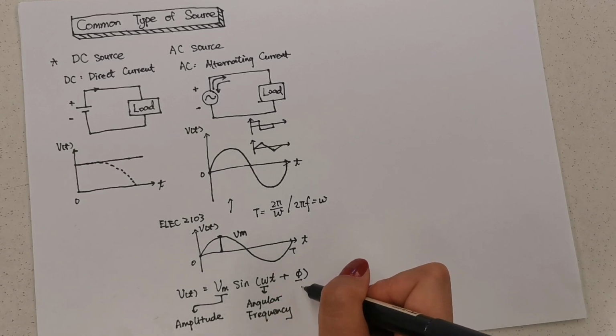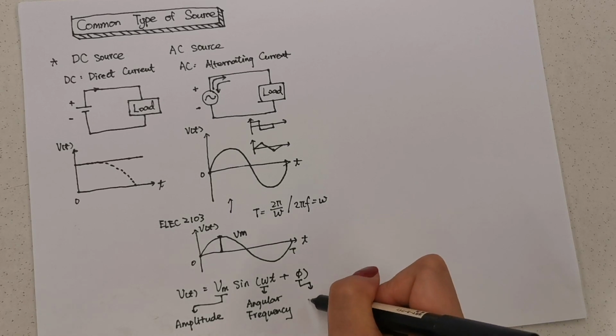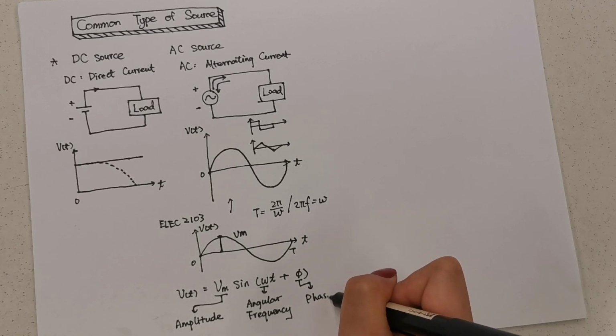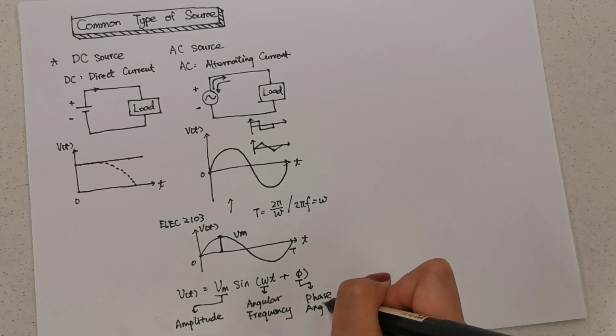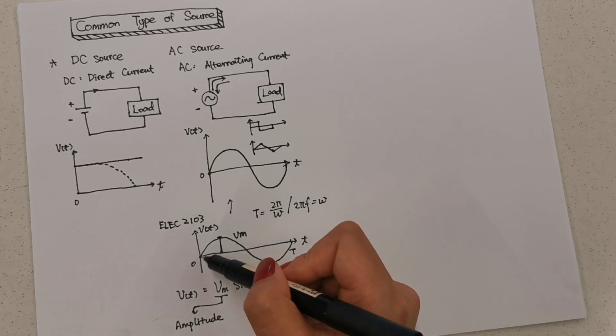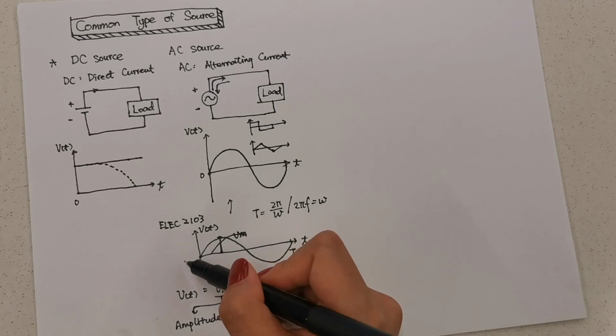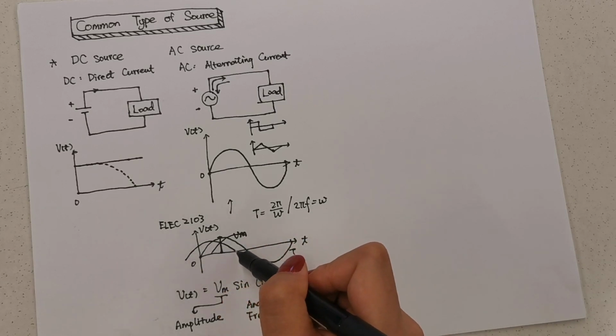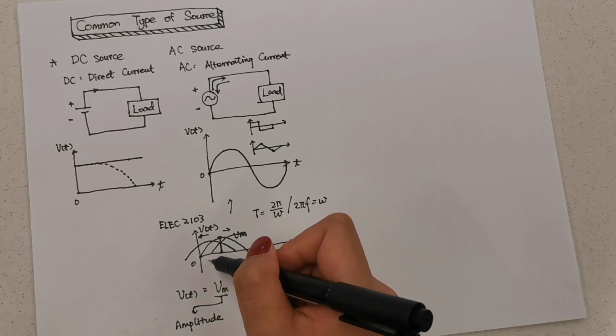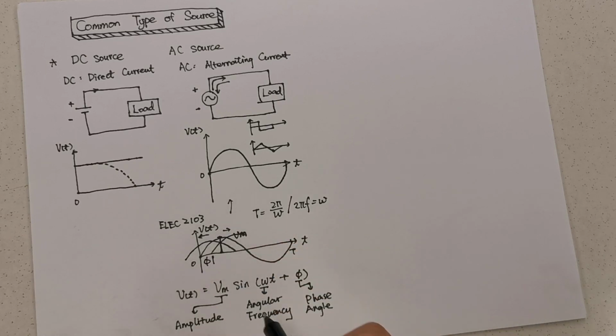And this phi is the phase angle. Our output voltage does not always start from 0. Sometimes it might start here, and sometimes it starts from here. The shift from left to right we call the phase shift.